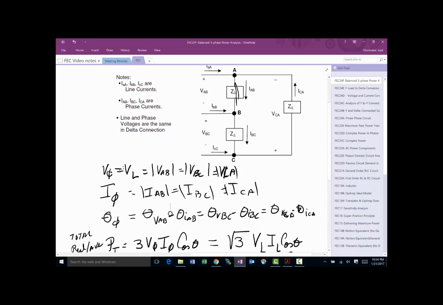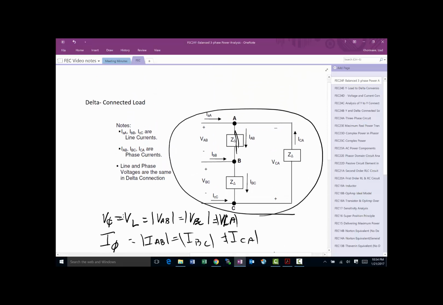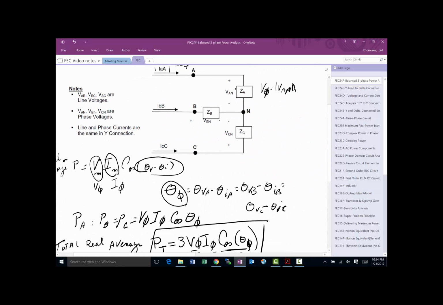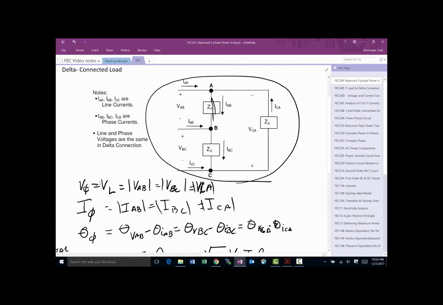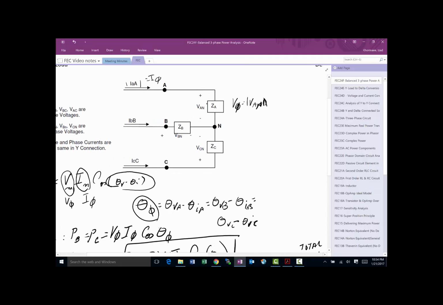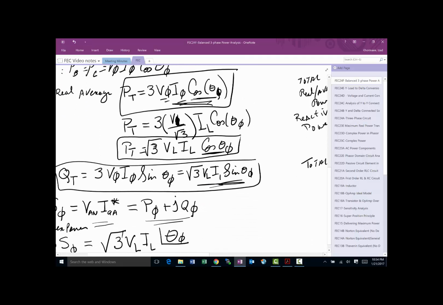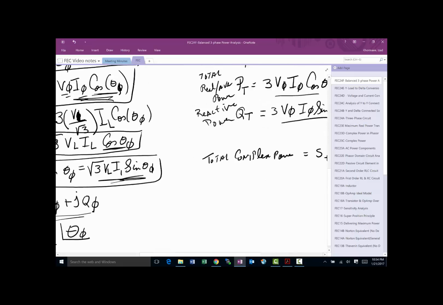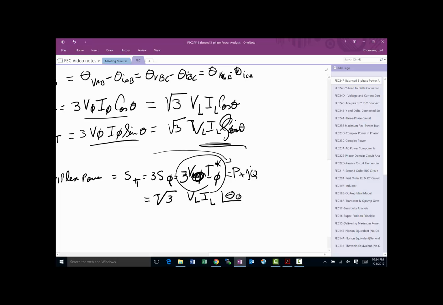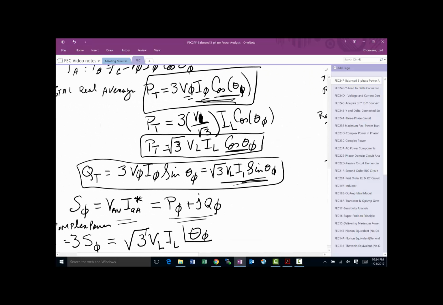Most of them come from understanding the basic configuration and applying the power relationships we learned in previous discussions of phasors, phasor diagrams, and phasor power. So here is a delta connection, and here is a Y connection, and we have the appropriate equations for each of those two cases. One is here and the other is over here. This is the delta and this is the Y set of equations.